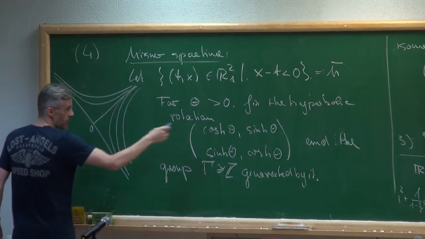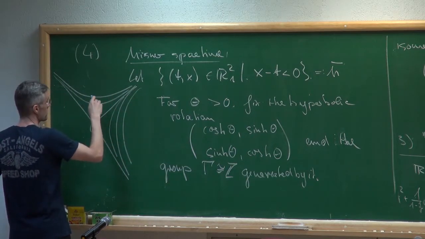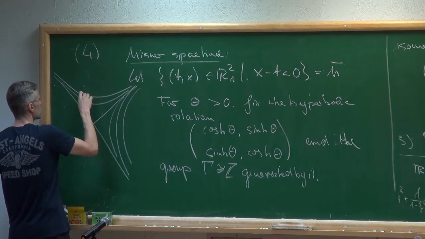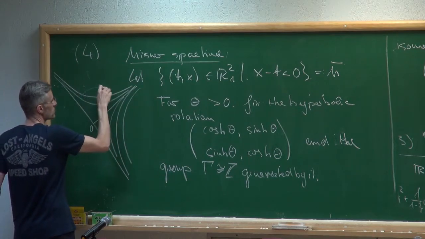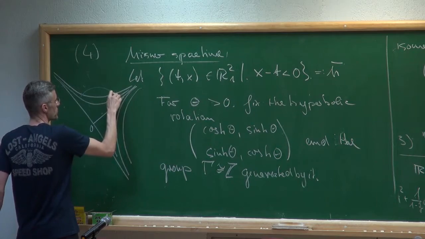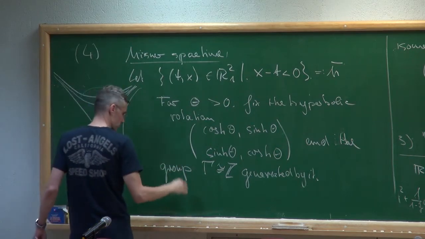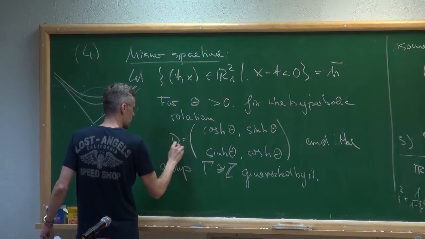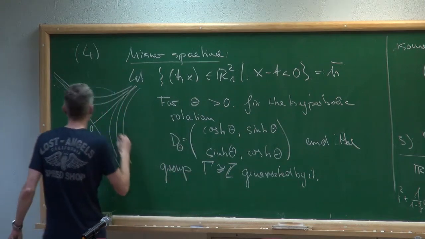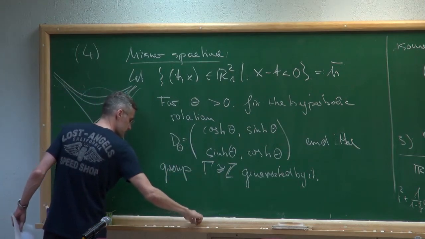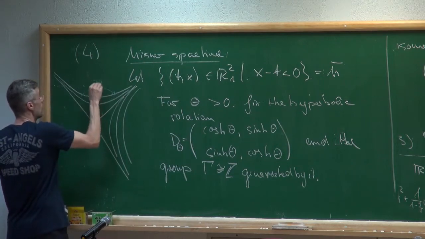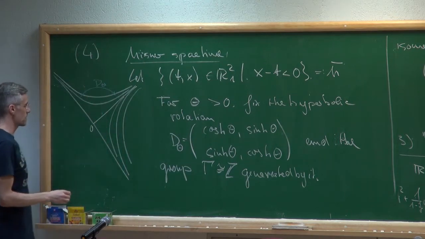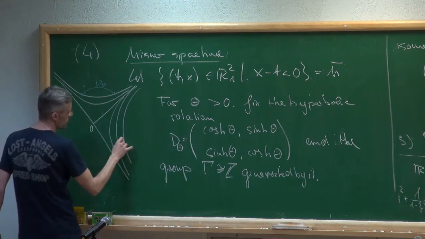Yeah? And this hyperbolic rotation here sends nothing but a point on this here by a certain distance to this point here. Maybe I should give that a name, d theta. So this is d theta here. And the same thing happens over here.